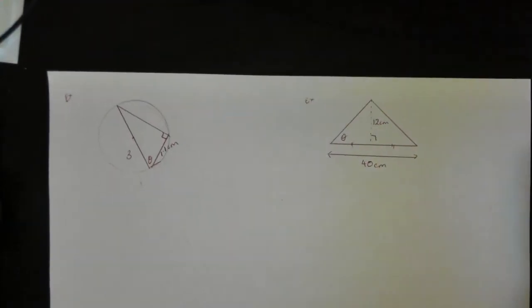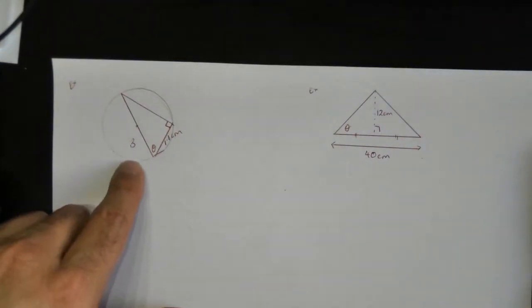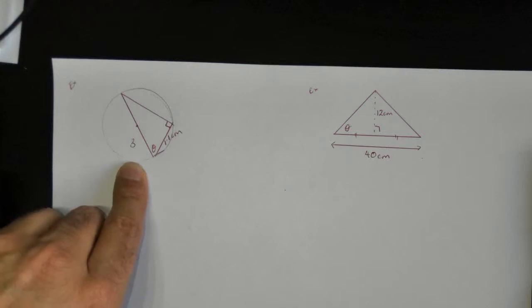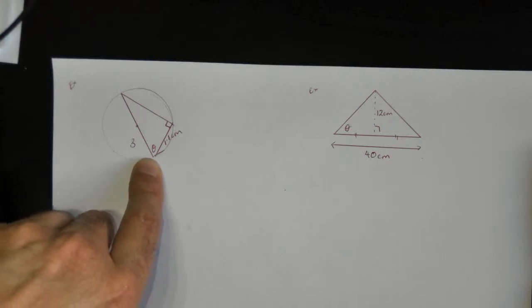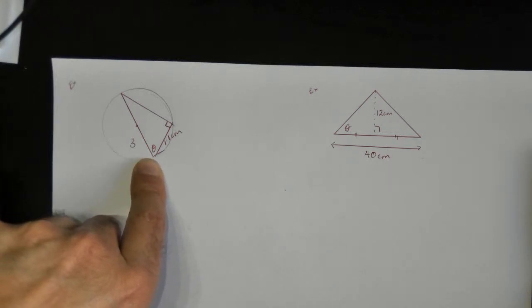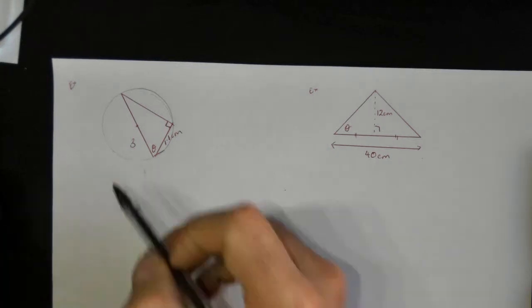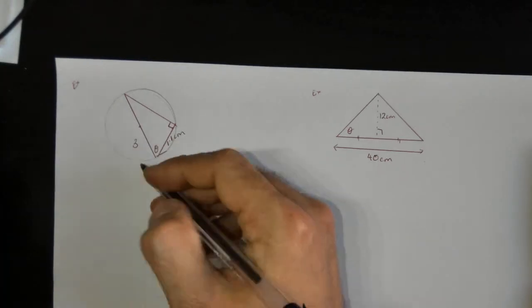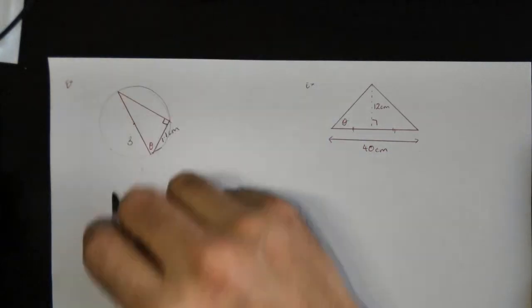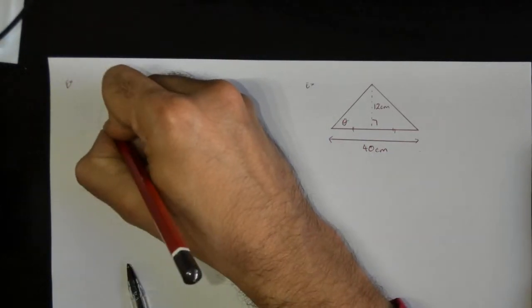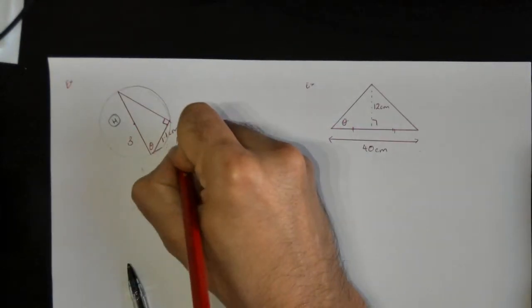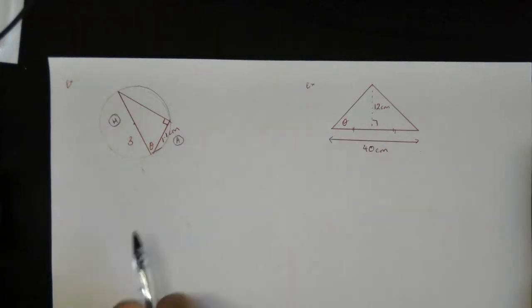Here's two more examples. I have a circle with a radius of 3, and I want to find what that angle is. So if I have a radius of 3, I must have a diameter of 6. So that would be the hypotenuse, and that's my adjacent, so I must have cos.